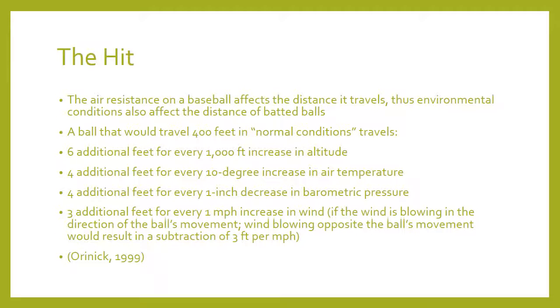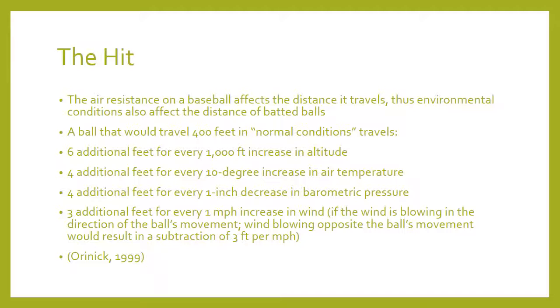Here's a look at some of the effects of air resistance on the ball and how different conditions affect that. A ball that would travel 400 feet in normal conditions travels 6 additional feet for every 1,000 foot increase in the elevation of the baseball stadium above sea level. It travels 4 additional feet for every 10-degree increase in temperature because warm air is less dense than cold air.